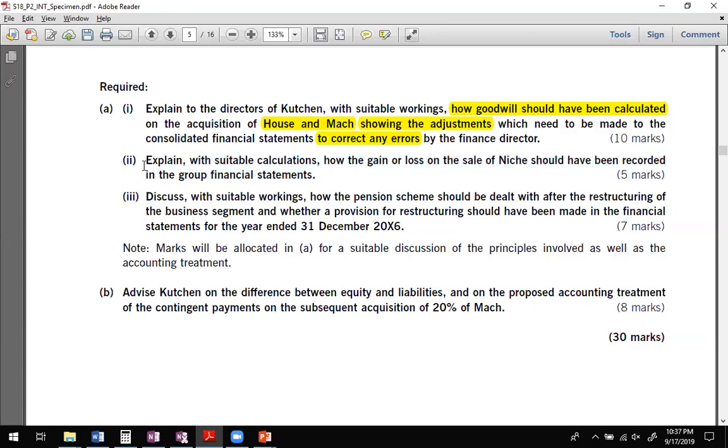It says to explain with suitable calculations how the gain or loss on sale of Niche should have been recorded. The question is asking the correct amount of the gain or loss. The question is not asking us to make the entry for the correction. So we are just required to tell the correct amount of the gain or loss for 5 marks.